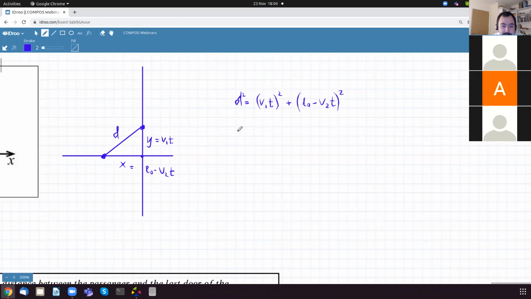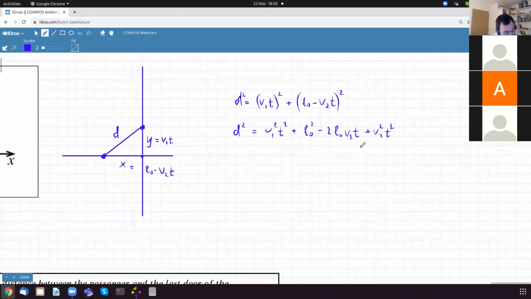So first, we're going to expand: v1 squared t squared plus L0 squared minus 2 L0 v2t plus v2 squared t squared.